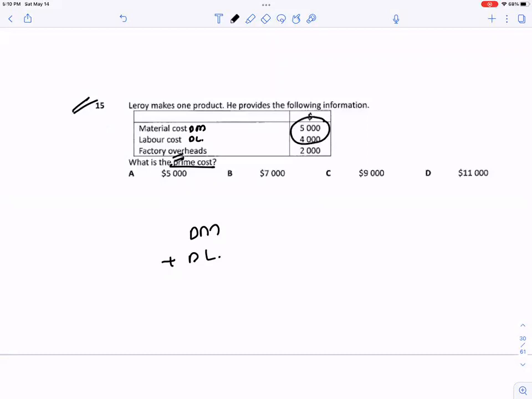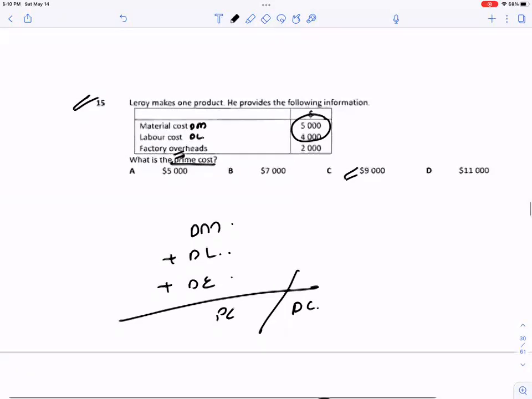If you add the factory overheads, it will be something else. Direct material plus direct labor plus direct expenses is prime cost, which is also called direct cost.